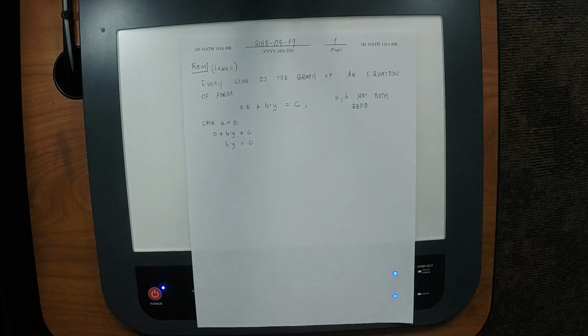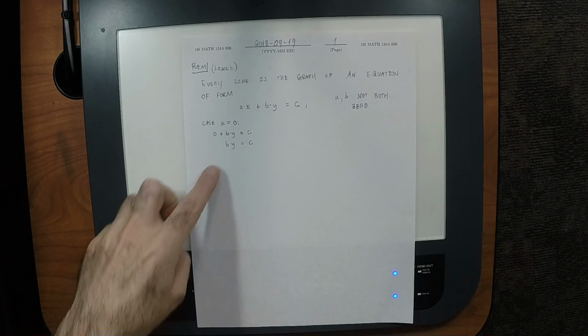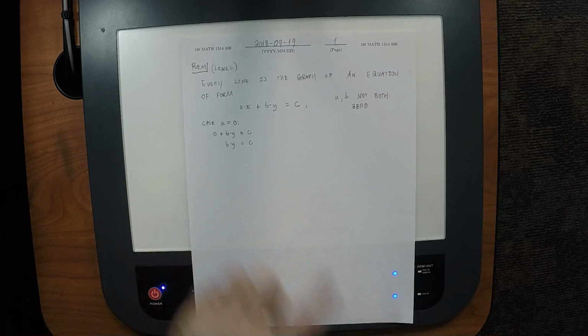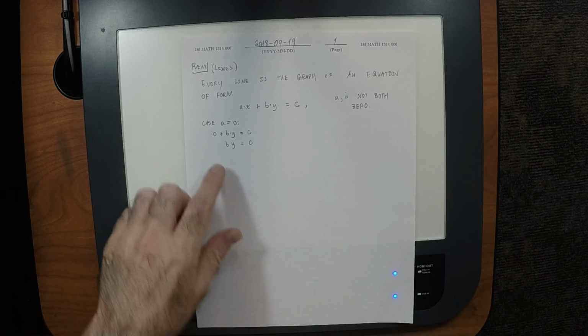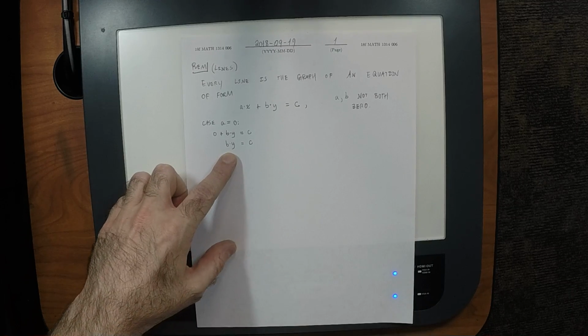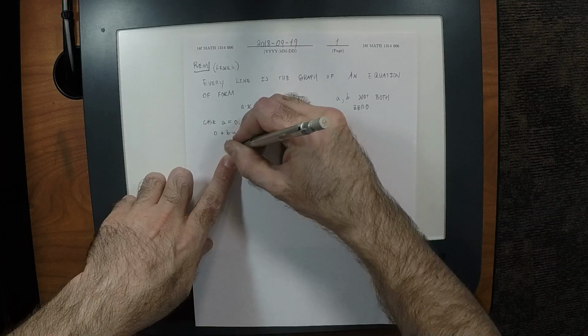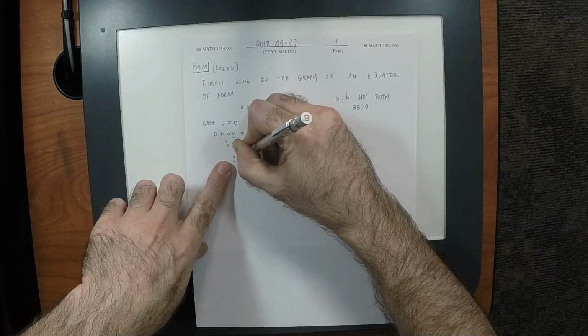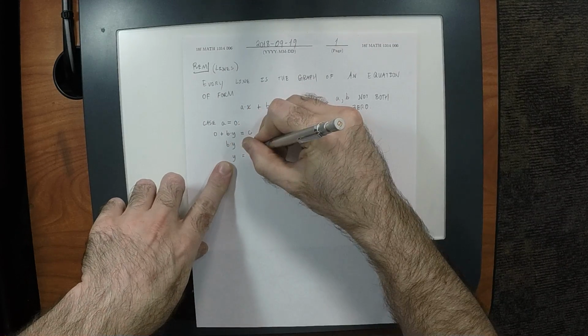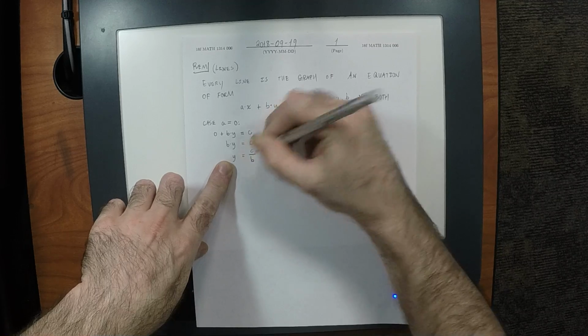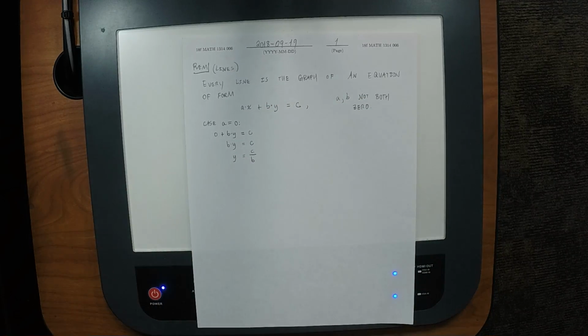Now because a is 0, b isn't, which means it's permissible to divide both sides by b. If we divide both sides by b, what's the left-hand side? It would just be y. And the right-hand side? c over b. Now x and y are the variables, and a, b, and c are all constants.